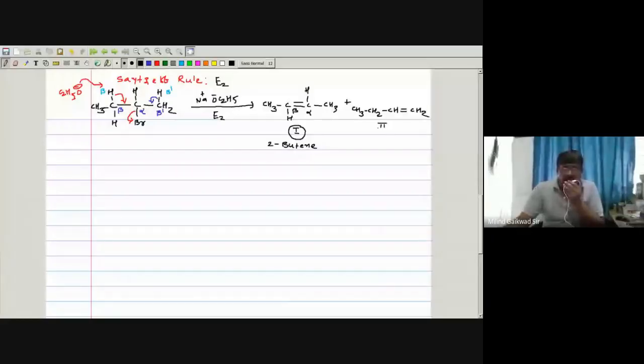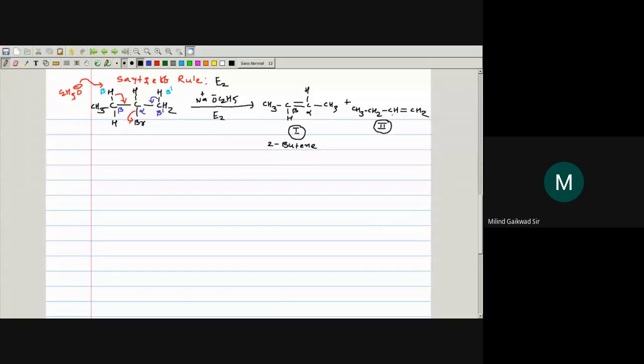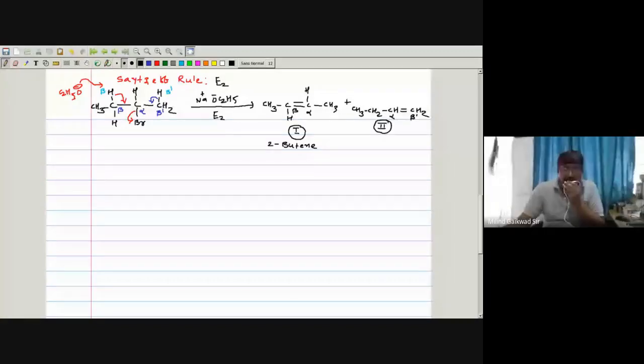In this compound number 2, here is an alpha carbon atom, and here is a beta carbon. Right? There is an abstraction of a beta hydrogen, so you get 1-butene.